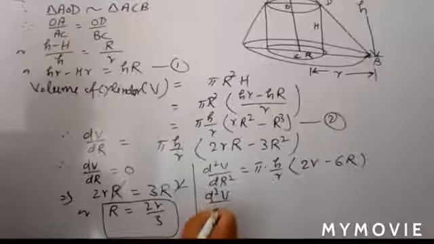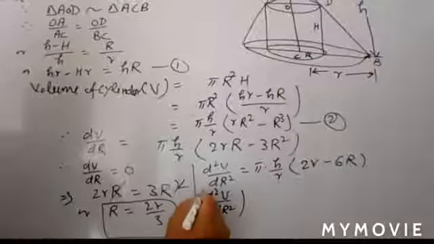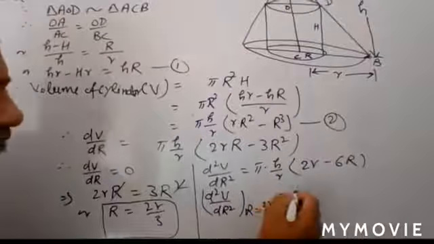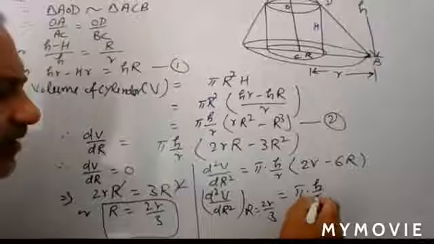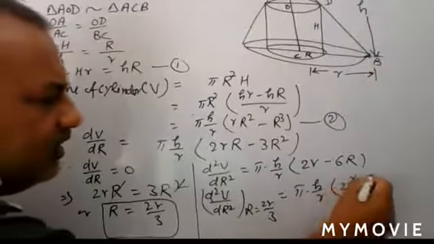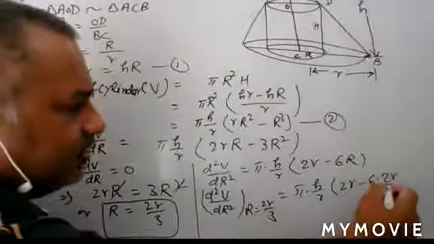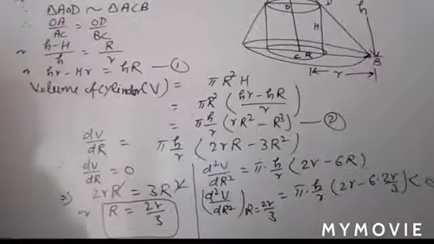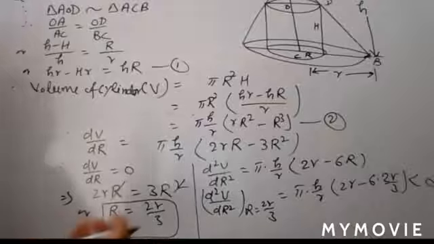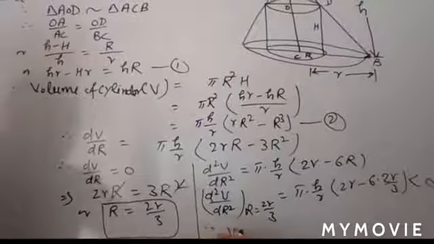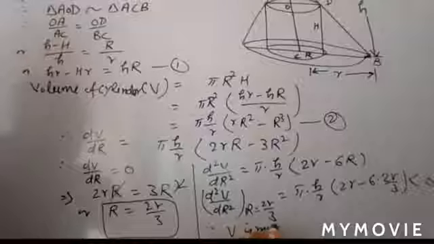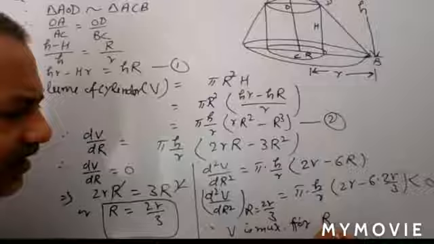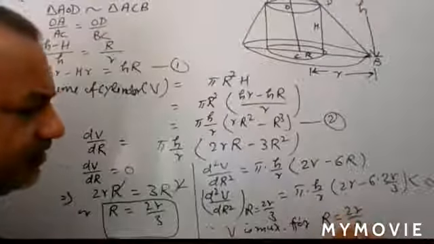The value of the second derivative at capital R equal to 2r upon 3 is pi h by r into (2r minus 6 times 2r by 3), which is less than 0. So V is maximum for capital R equal to 2r by 3.